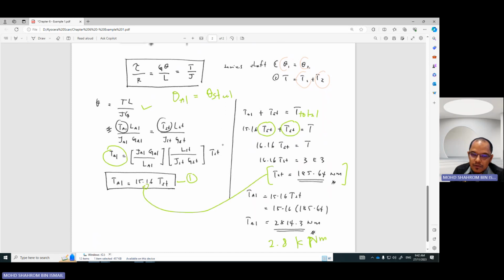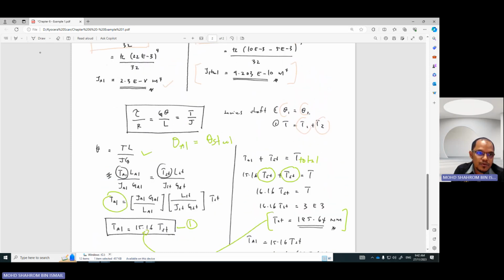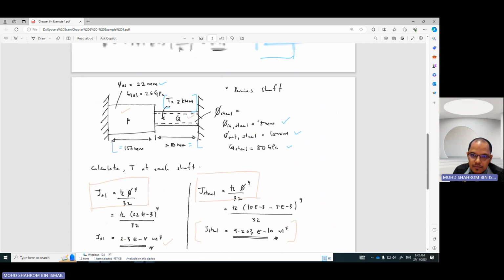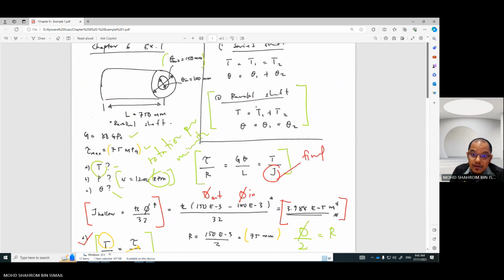So that's the thing. Of course, I think some of you are going to be confused why I'm using this kind of equation, since this equation is somehow fit for parallel shaft. Right?